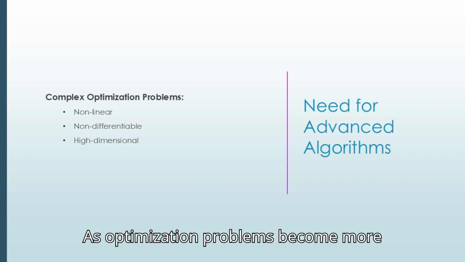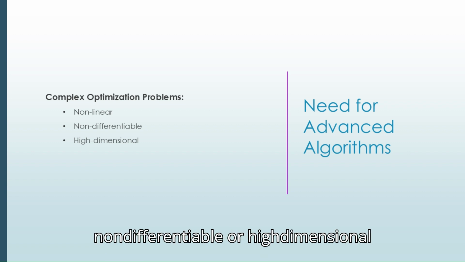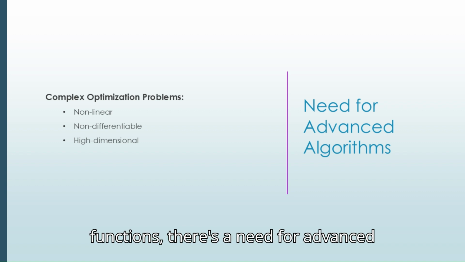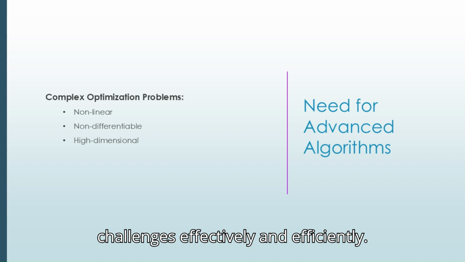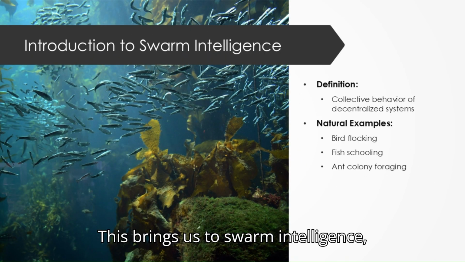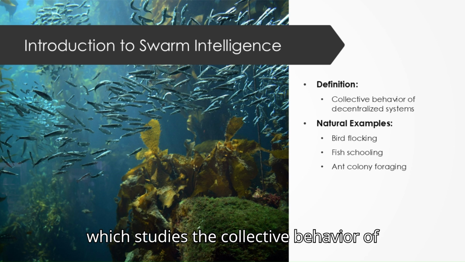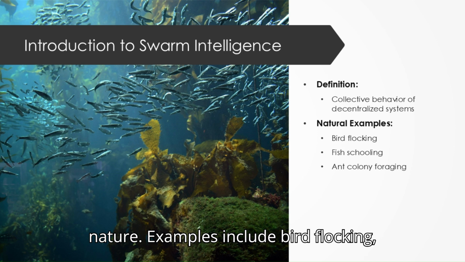As optimization problems become more complex, involving nonlinear, non-differentiable, or high-dimensional functions, there's a need for advanced algorithms that can handle these challenges effectively and efficiently. This brings us to swarm intelligence, which studies the collective behavior of decentralized, self-organized systems in nature.